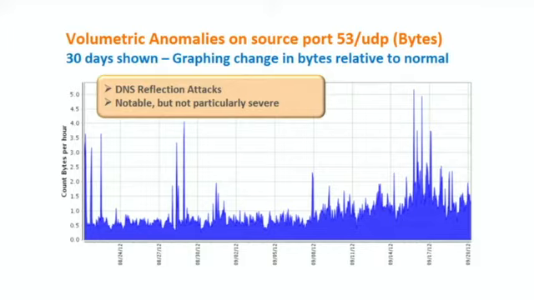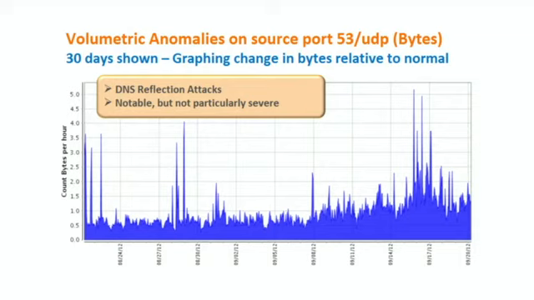So be careful there. The other thing we've been seeing an uptick in, I think we might have talked about this last week a bit, some of the various types of increase in anomalies that we're seeing, but in DNS, we're seeing more DNS reflection attacks than usual. It's a notable finding.